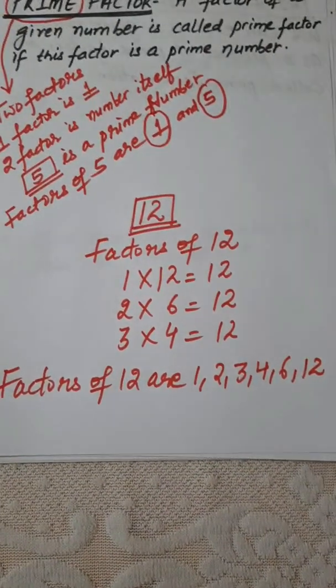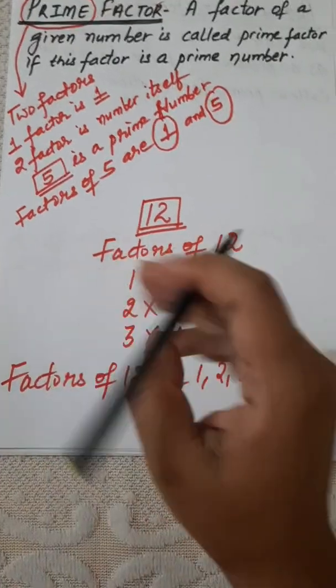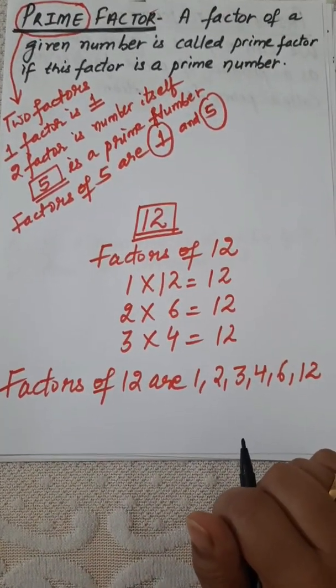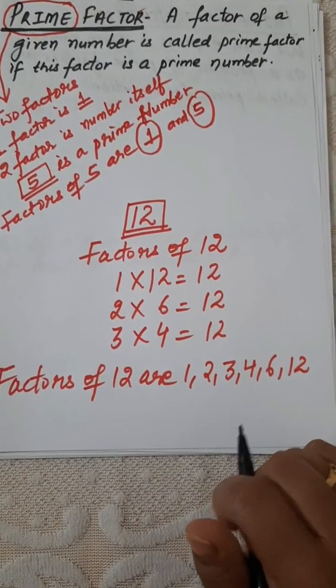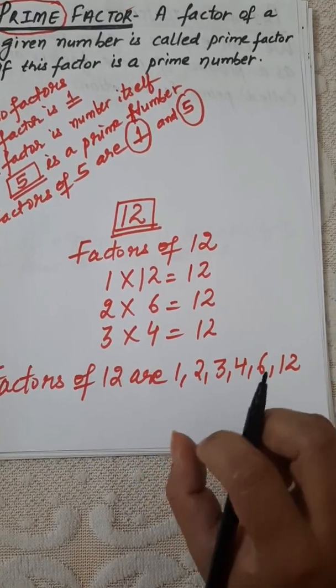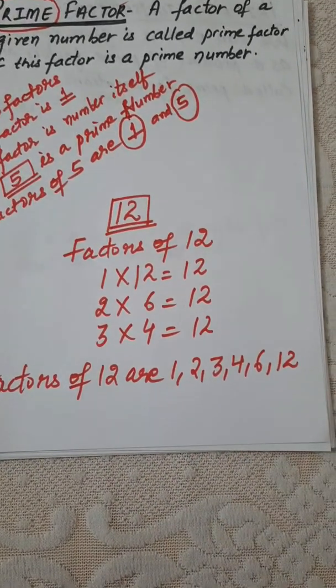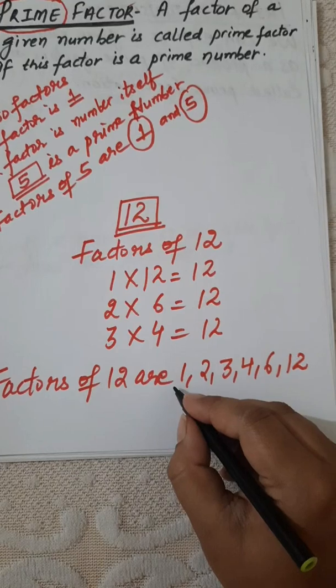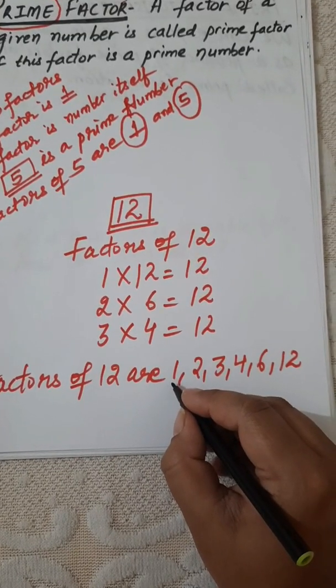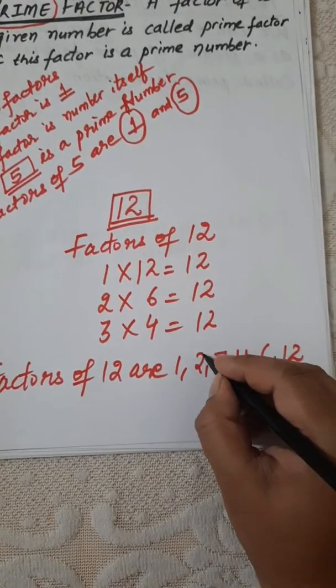So these all are the factors of 12, but here the concept is prime. Prime factor means prime numbers. If we have prime numbers in the factors, then these are the prime factors. Here, as we know, 1 is neither prime nor composite. It is a unique number.